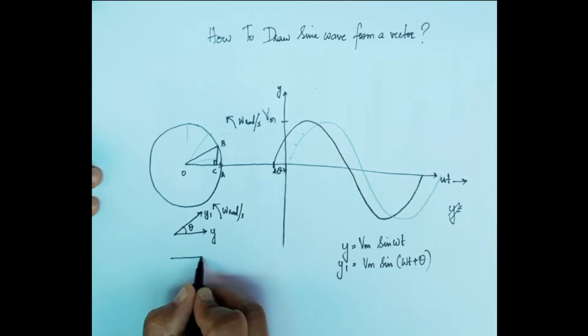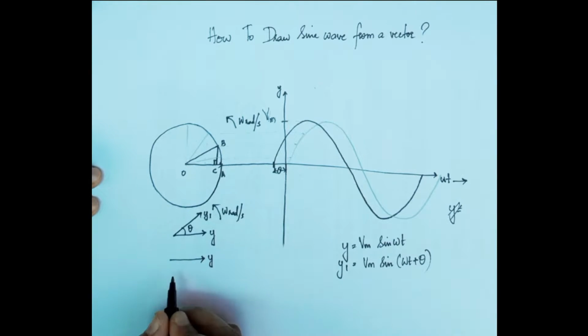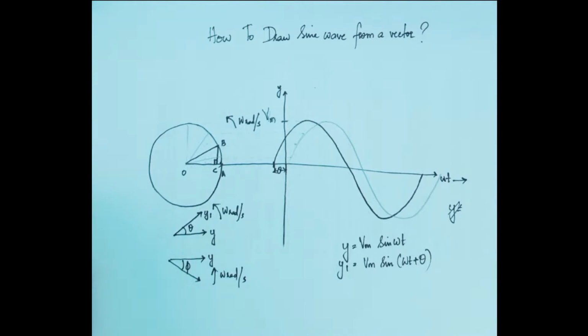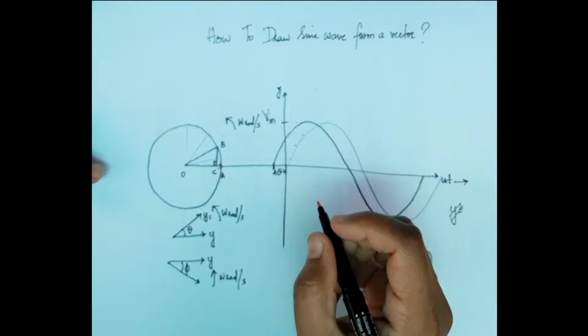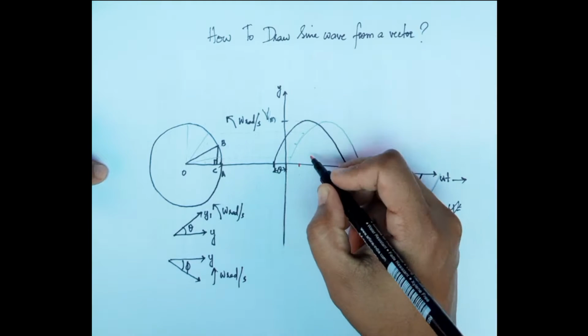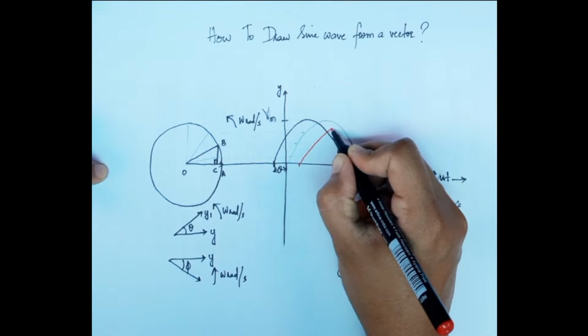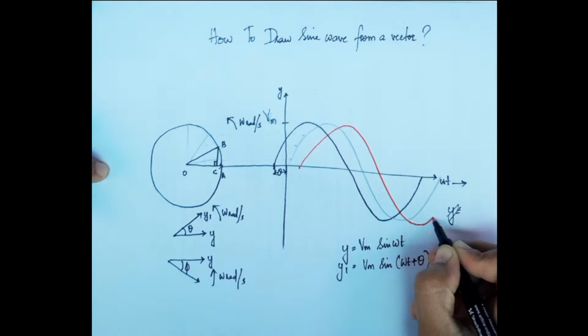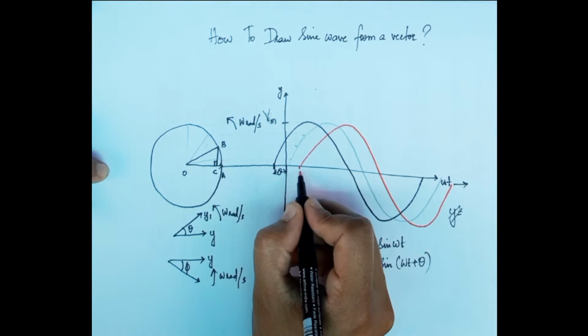Similarly, if we have y at 0 degrees and we have another vector y2 which is also rotating at omega radians per second, but it is starting phi degrees after y, then we can draw it as shown.